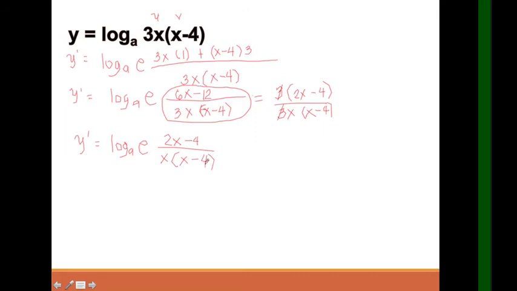So, yun yung pinaka-final answer natin for this specific example, which is logarithmic of base a, 3x, quantity x minus 4. And the answer is logarithmic of base a, e, 2x minus 4 over x, quantity x minus 4. Okay? Yan yung pinaka-simplest natin. Or kung gusto mo pang i-multiply si x kay x minus 4, pwede rin naman. That is x squared minus 4x.